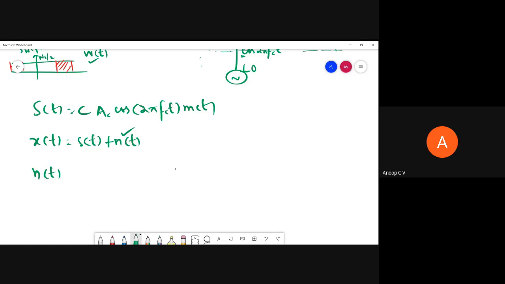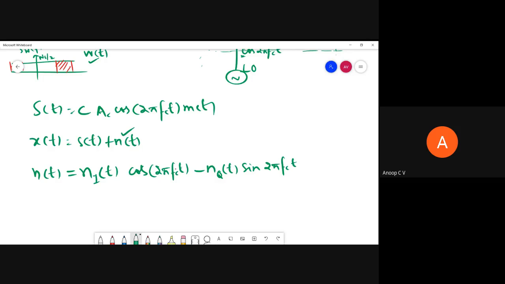This n of t can be represented in canonical form as n I of t, the in phase component of n of t, times cos 2 pi fct, minus n q of t sine 2 pi fct.